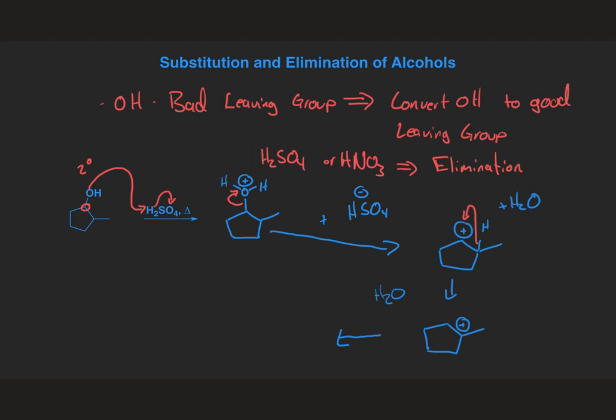Water can come in and deprotonate any hydrogen that's connected to a beta carbon, so the carbon right next to that carbocation. And so this oxygen is going to give some electrons to that H, and those electrons are going to come and form a double bond.